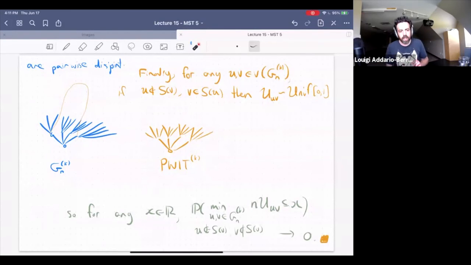PWIT. Okay, and now there's a beautiful theorem of Aldous and Steele, which says that if you have local convergence of a sequence of graphs, then you actually also have local convergence of the spanning trees of those graphs.